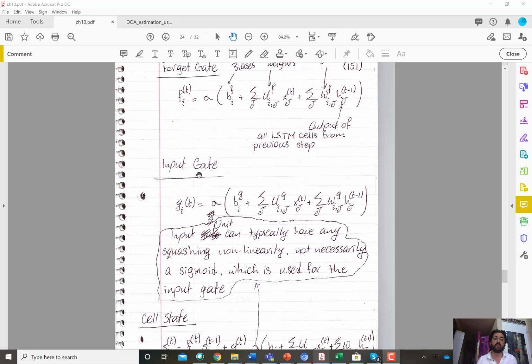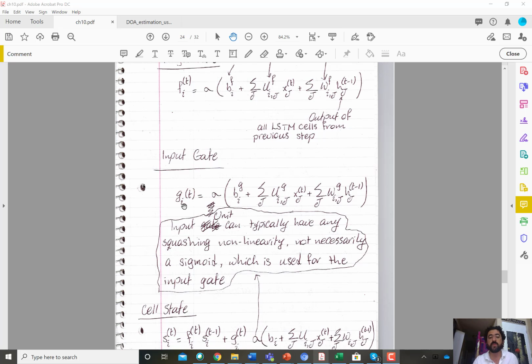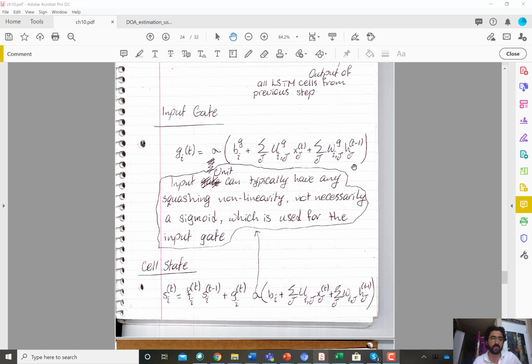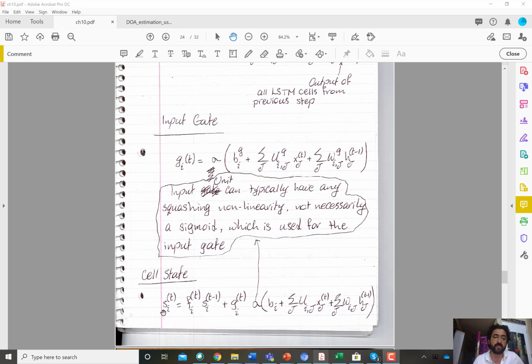The input gate has a similar form, so we call it g_i of t, and the input gate is a sigmoid applied to the input biases plus weights connected to the inputs plus weights connected to the previous state. Now updating the cell state, s_i of t equals f_i of t times s_i of t minus 1, so this is the forget gate output, times the previous state value, plus g_i of t, which is the output of the input gate, times an input nonlinearity, not necessarily a sigmoid, right?